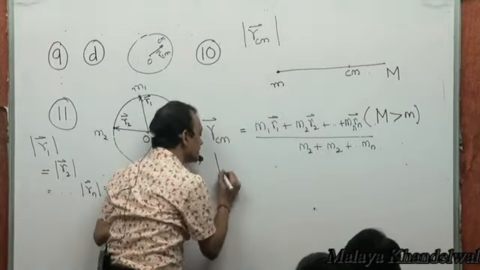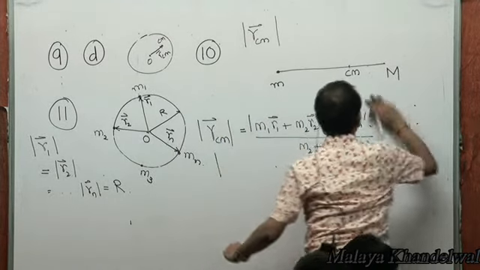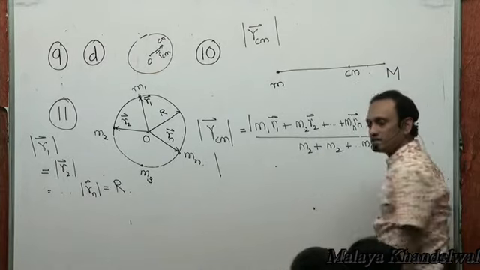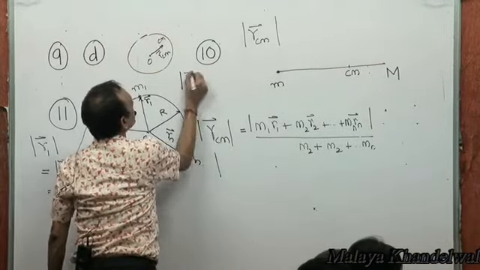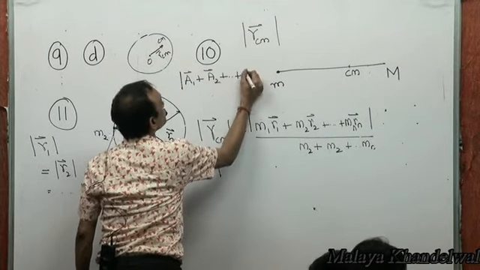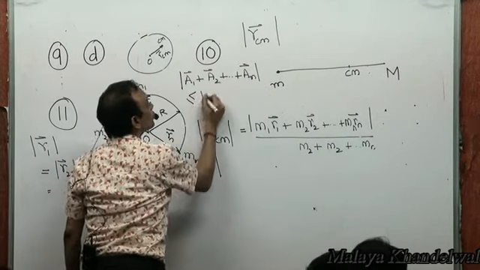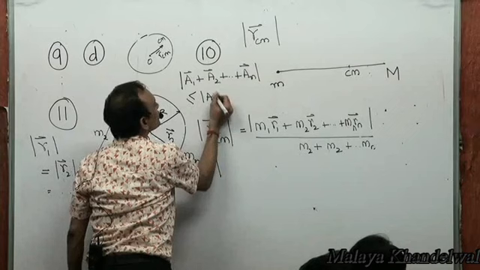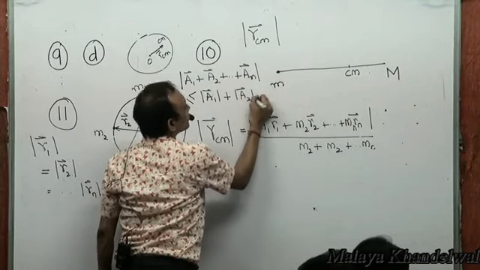Now mod RCM will be mod of this. Hey, but mod of A1 plus A2 plus AN, triangle inequality, is less than or equal to, modulus of the sum will always be less than or equal to sum of the moduli. Yes or no?